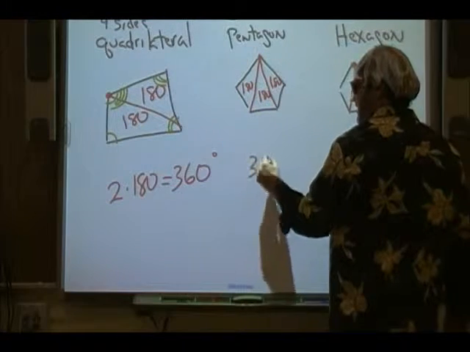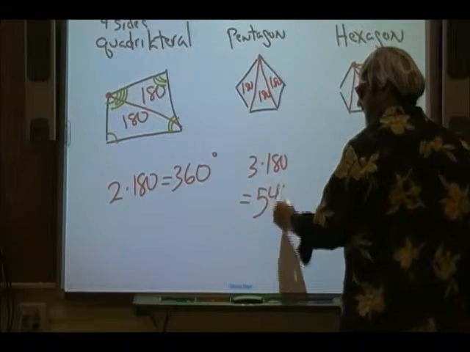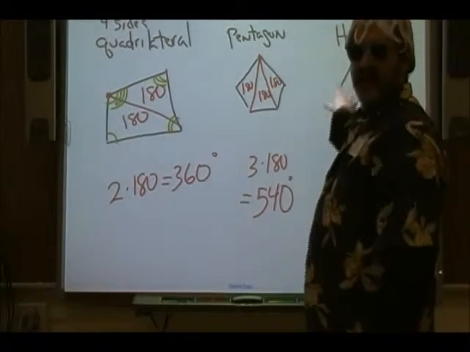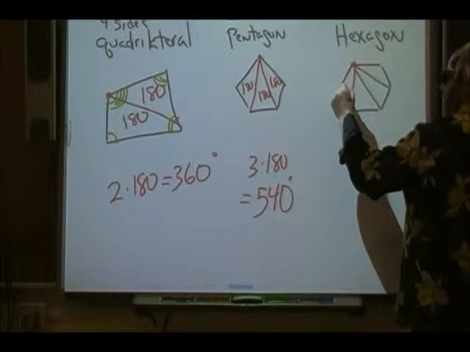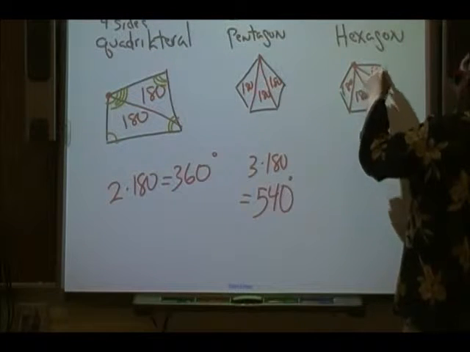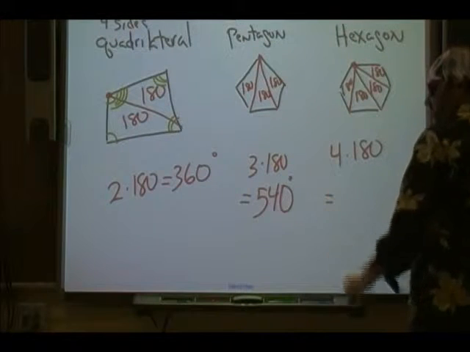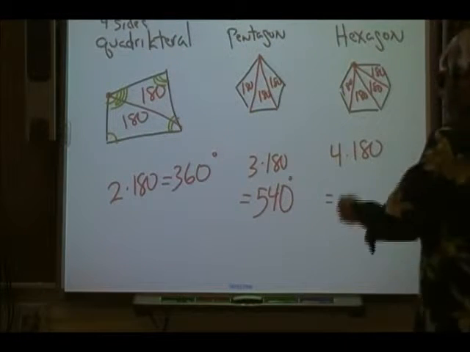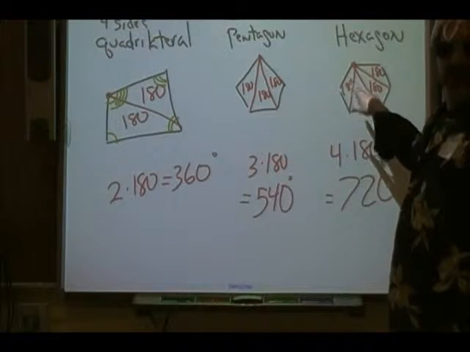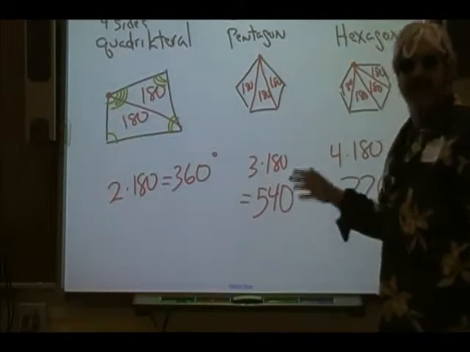I have 3 times 180, which is 540 degrees. And now for the hexagon, I have 180, 180, 180, 180. I have 4 times 180, which I believe is 720. And that's the sum of all the interior angles in a hexagon. And it continues.